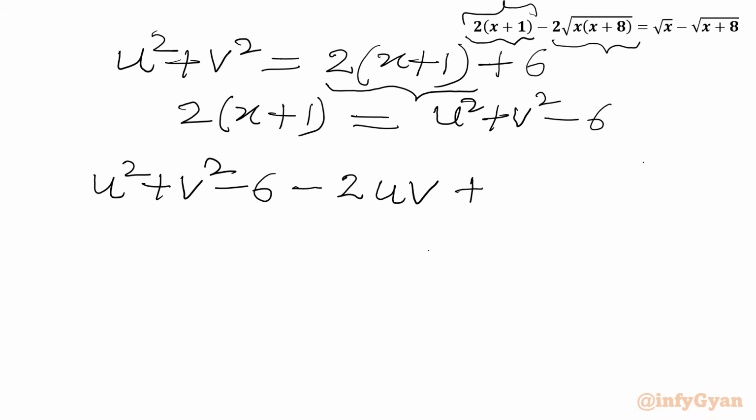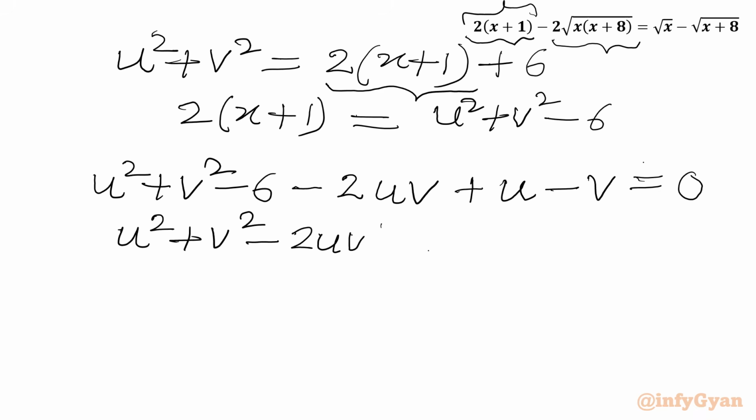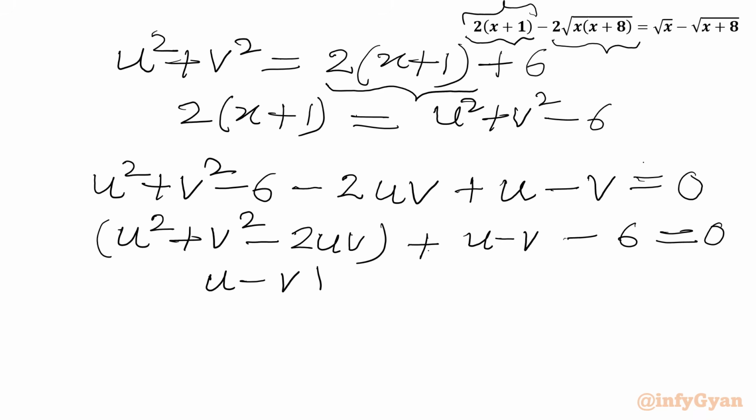Then we have plus square root of (x plus 8), which is u, minus square root of x, which is v, equal to 0. Now we will write u square plus v square minus 2uv in one bracket. Then we have plus u minus v, then minus 6 equal to 0. Or we can write (u minus v) whole square plus (u minus v) minus 6 equal to 0.